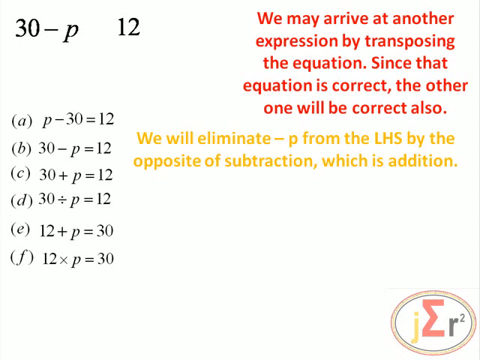We have a negative P there. We may eliminate the negative P on that left hand side by applying the opposite of subtract P. On the left hand side we need to add P, so we need to do the opposite of that subtract P effect.